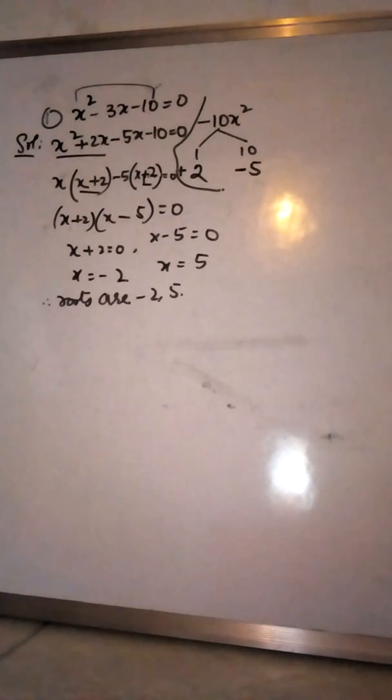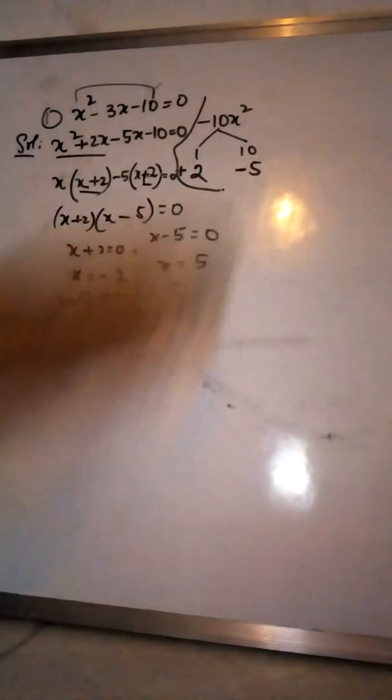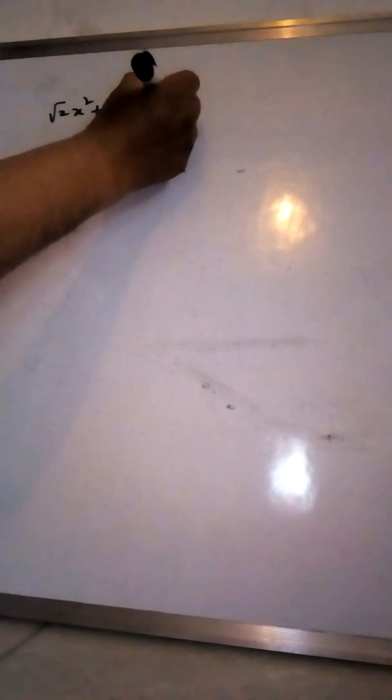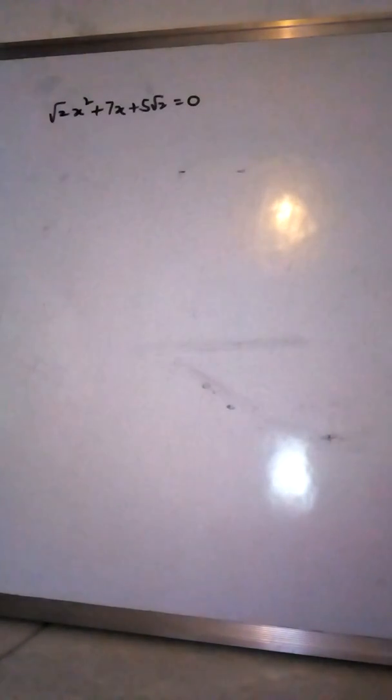So now in a similar way, we have one more problem. That is root 2 x square plus 7x plus 5 root 2 is equal to 0.